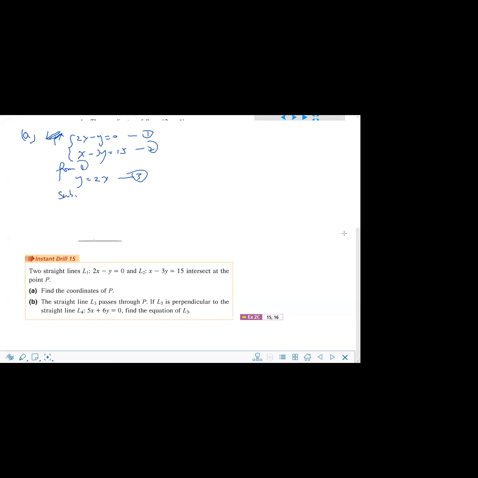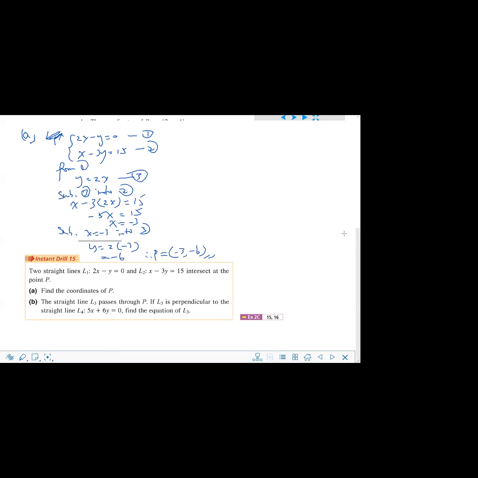And we are going to sub 3 into 2. So x minus 3 times 2x is equal to 15. So negative 5x is equal to 15, and x is equal to negative 3. And then sub x equals negative 3 into equation 3. Y is equal to 2 times negative 3, which is negative 6. Which means that coordinates of point P will be negative 3 and negative 6.